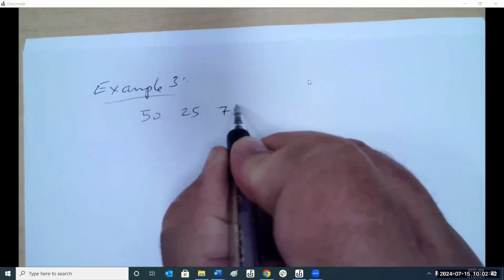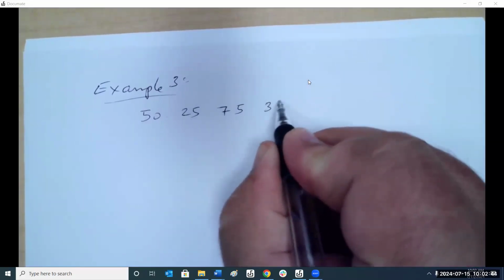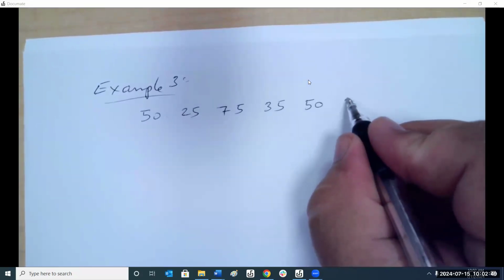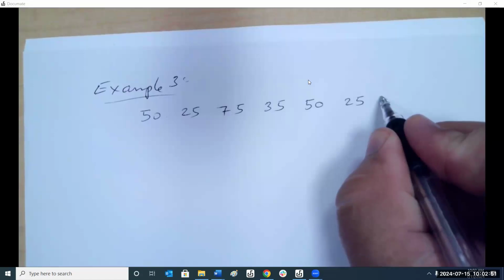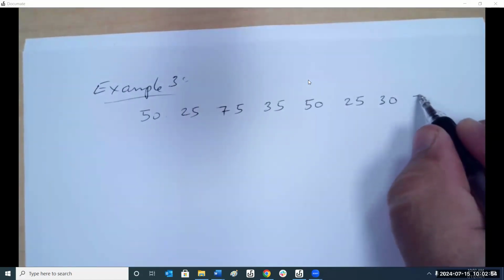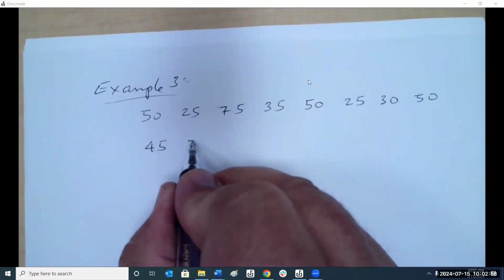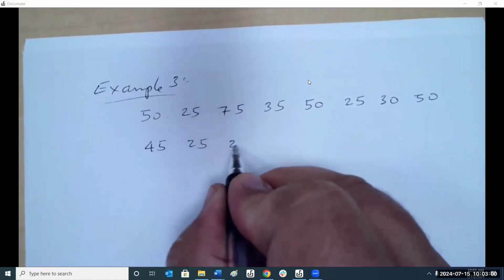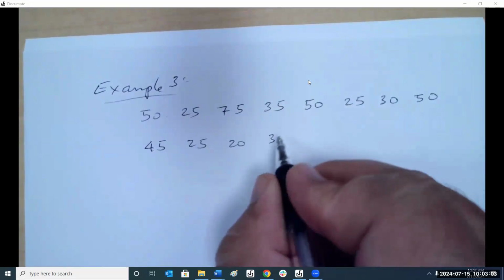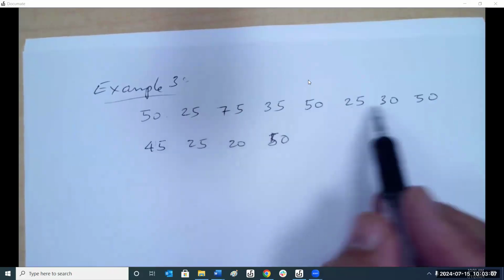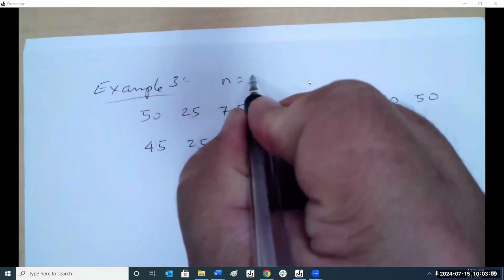So our data set was 50, 25, 75, 35, 50, 25, 30, 50, 45, 25, 20, and 50. Now our N is 12.